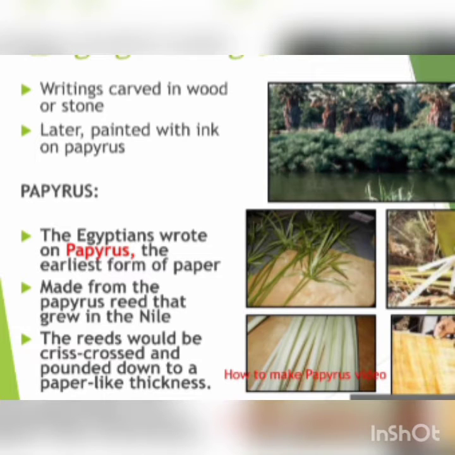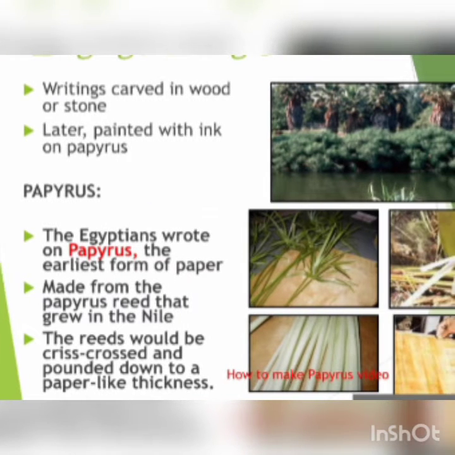And we used a pencil and sharpen it, right? Likewise they sharpened the papyrus reed stalk and did this pictoric work. Writing was carved in wood or stone. Later they used ink on papyrus, painting with ink.